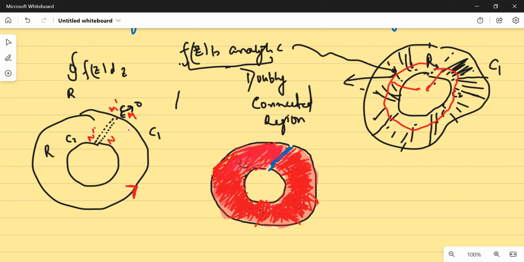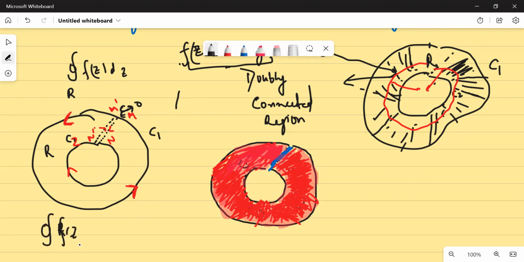I'm moving along C1, then along MN, then along C2, and again along N dash, M dash, and I'll complete the contour. So now, if I am supposed to integrate over region R, what would it be?